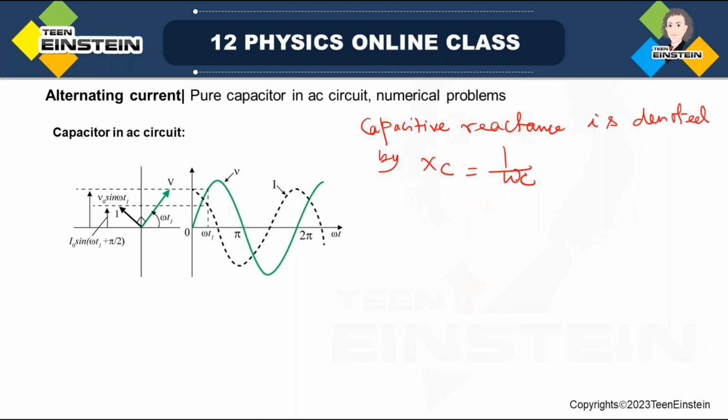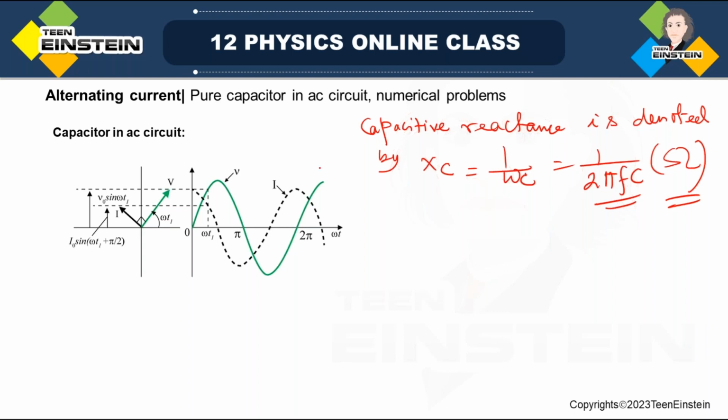XC is written as 1 over omega into C, or 1 over 2 pi f into C. So this is capacitive reactance, and it also has the unit ohm.